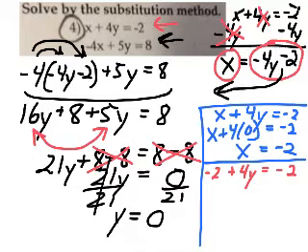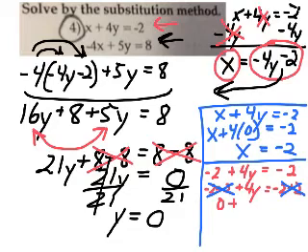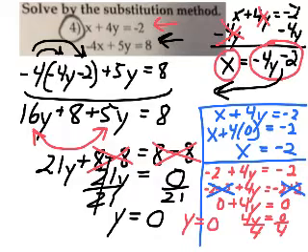Alright, so we add 2 to both sides. Negative 2 plus 2 plus 4y equals negative 2 plus 2. 2's cancel out on both sides, giving us 0 plus 4y equals 0, or 4y equals 0, divided by 4, divided by 4, and our answer is y equals 0 also.